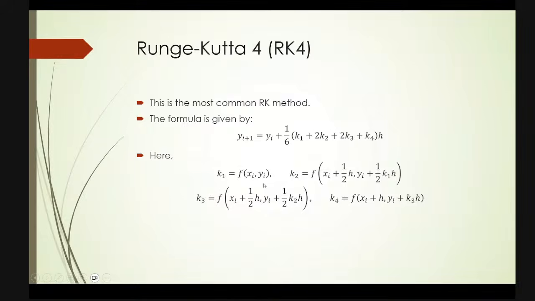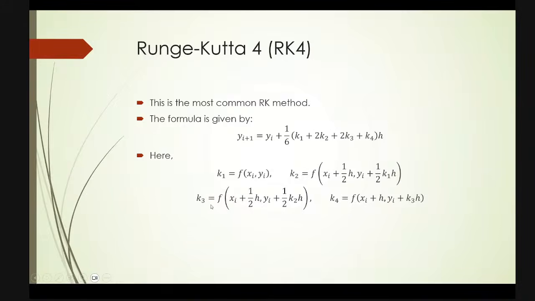So this is how we compute the slopes K1, K2, K3 and K4. So K1, the slope at the beginning point of the interval, is simply f of xi, yi. K2 is f of xi plus half h, comma yi plus half k1 h, which is the slope at the midpoint of the interval building upon the information from K1.